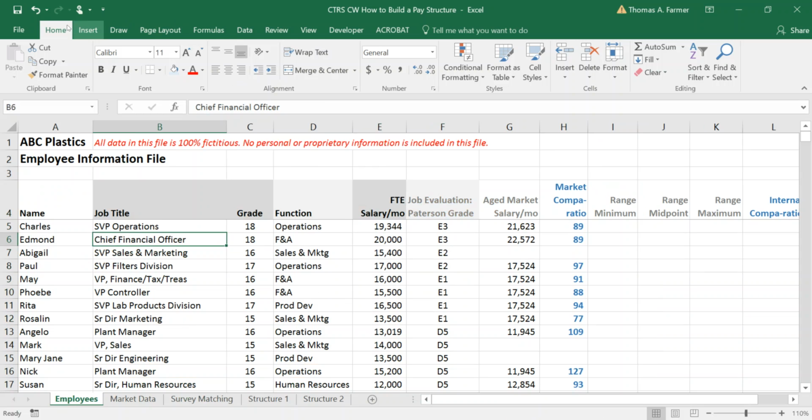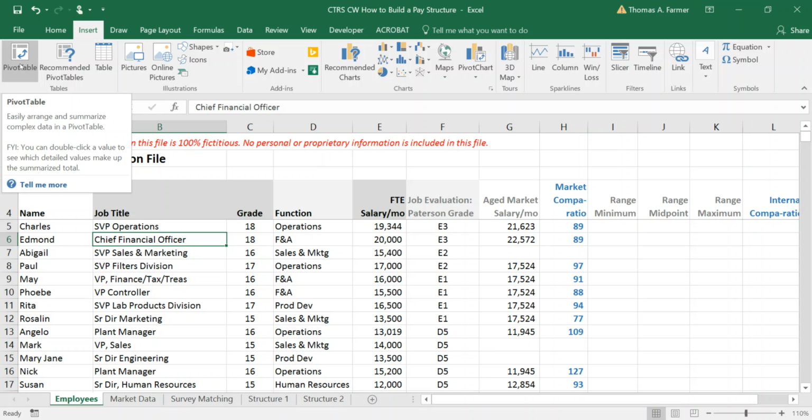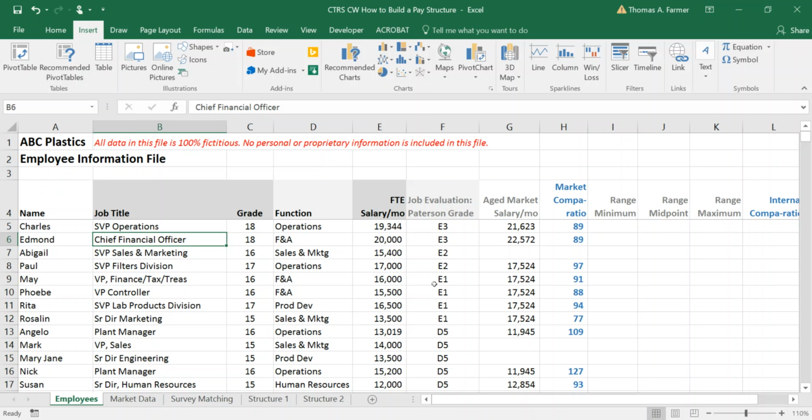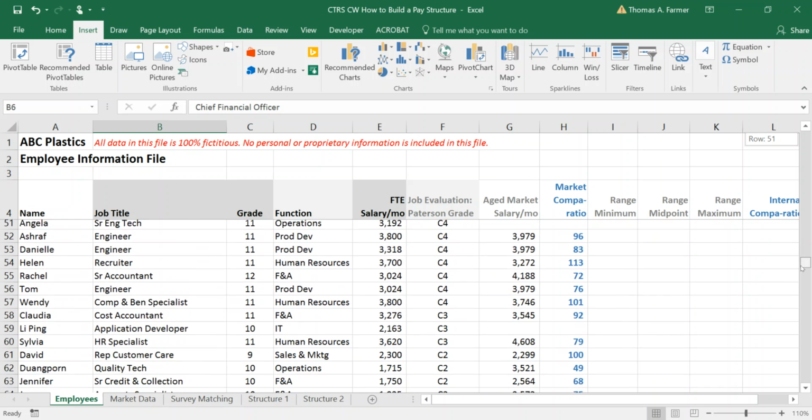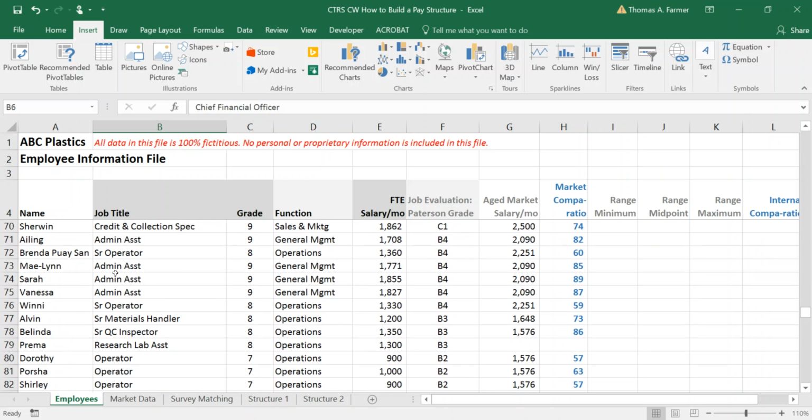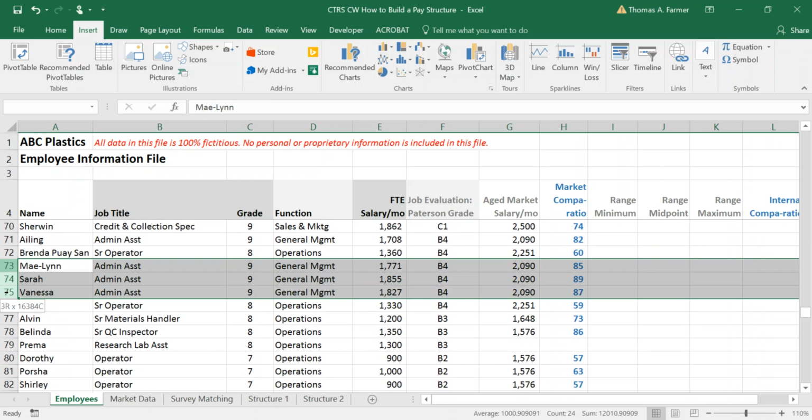So let's create a new tab and use a pivot table, because a structure will give you a midpoint for every grade. What I want to do is build a structure where the midpoints are based on the market values of the people in the grade. Not the jobs, but the people in the grade. So if there are 10 people sharing the same job in a certain grade, as we may have in some lower level roles, as you can see, we have admin assistants at grade 9.